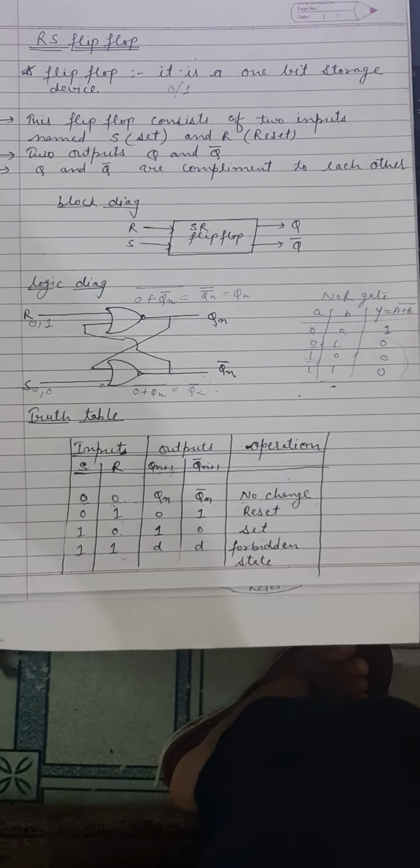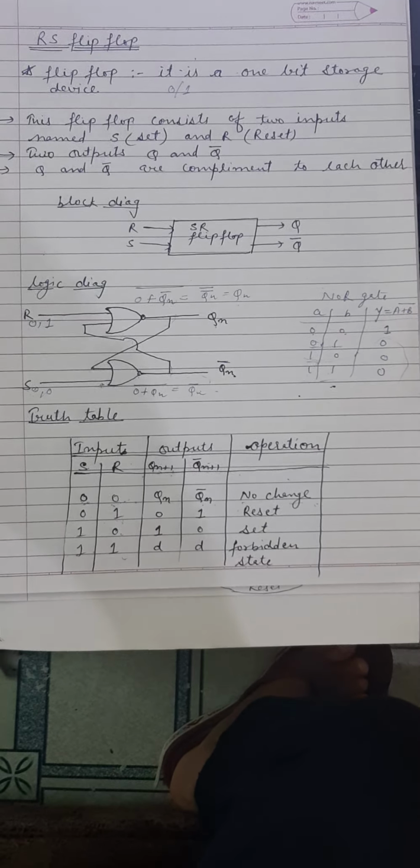When the inputs of the NOR gate are 0 0, the output is equal to 1. That means in the next state we are getting outputs 1 and 0. So write here 1 and 0, and the operation performed is set, because in the inputs the value of S is equal to 1.